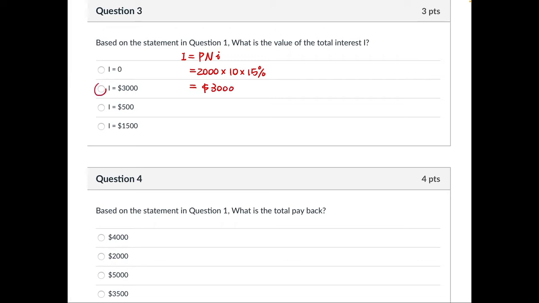Okay, so this is your answer. That's your interest earned during the past 10 years. And what is the total payback for question number 4? Total payback should be P plus I, principal plus the interest. So 2,000 plus 3,000, that is 5,000.